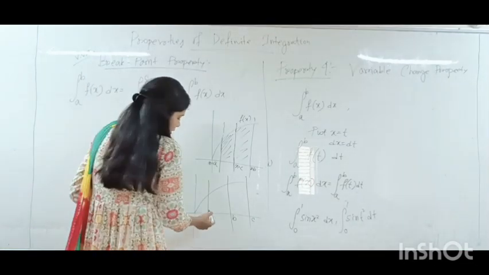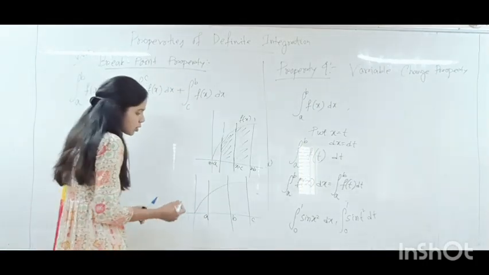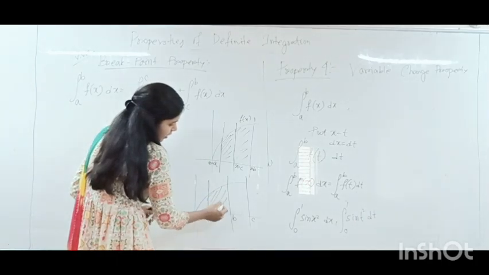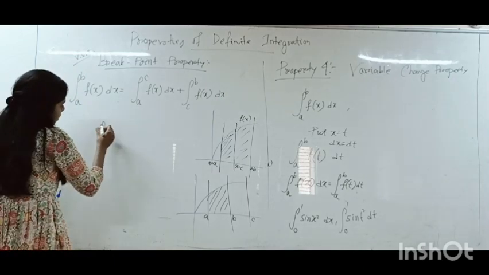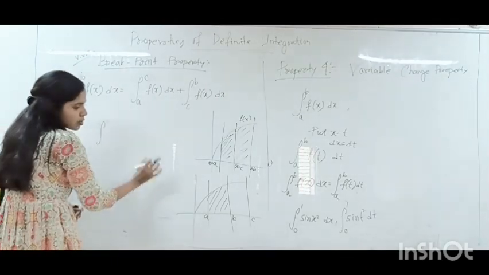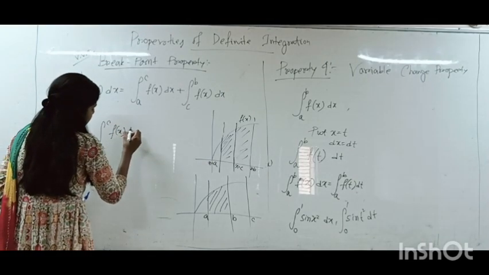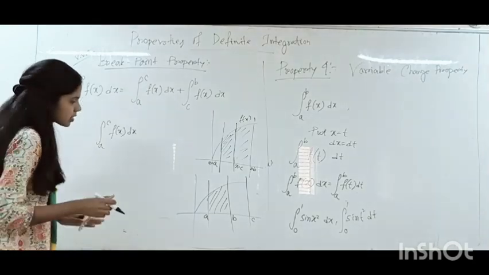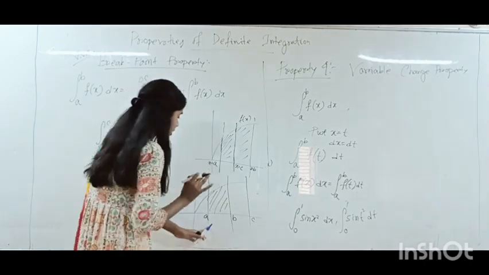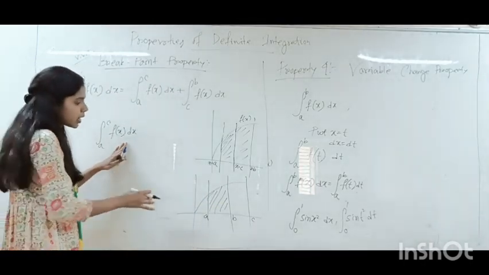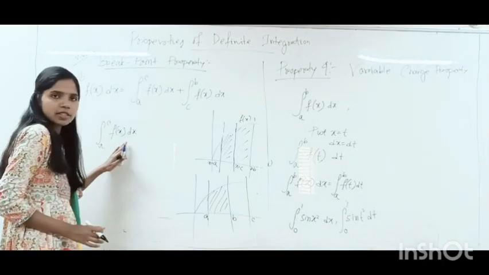How? See here that we have to derive integration a to b f(x) dx, that means this region. According to the property, first we find integration a to c f(x) dx, which means this full area. But this full area includes an extra part, while we only need integration a to b f(x) dx.